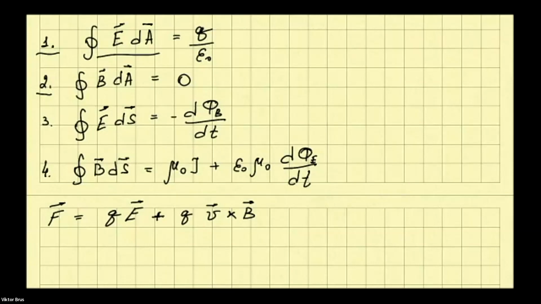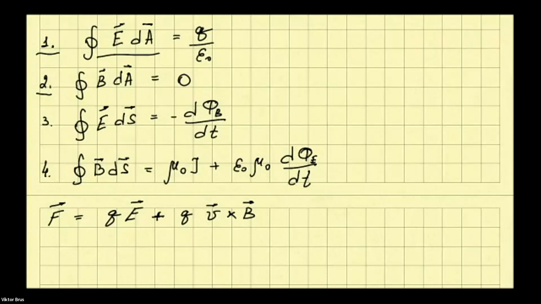And that means that there is no origin or termination of magnetic field lines. They are uninterrupted. And that's why it doesn't matter what's going on. This integral, like in equation 2, which calculates magnetic field flux through a closed surface, is always equal to 0.